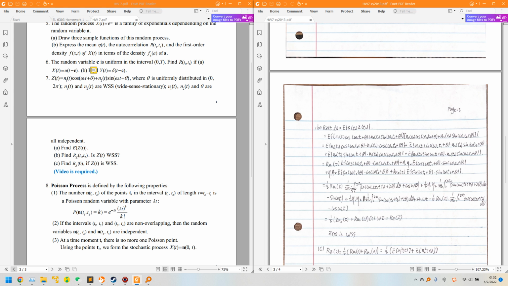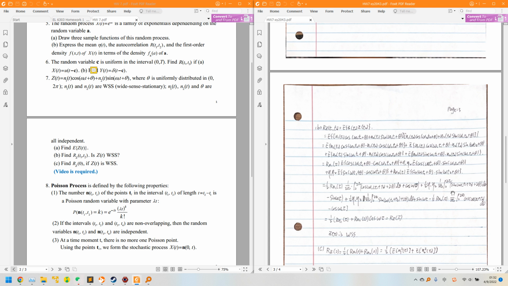For these 4 expectations, we can also use the integral to calculate them, which is this form.